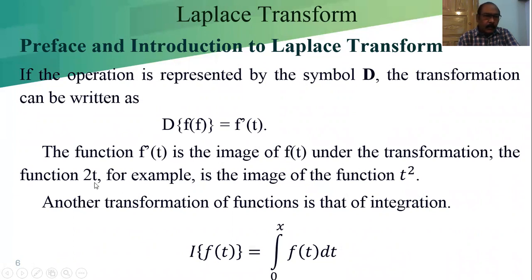The function 2t, for example, is the image of the function t squared. If we take the differentiation of t squared, we will get 2t. So 2t is the image of the function t squared under differentiation. Another transformation of a function is that of integration. I of f(t) equals the integral from 0 to x of f(t) dt.